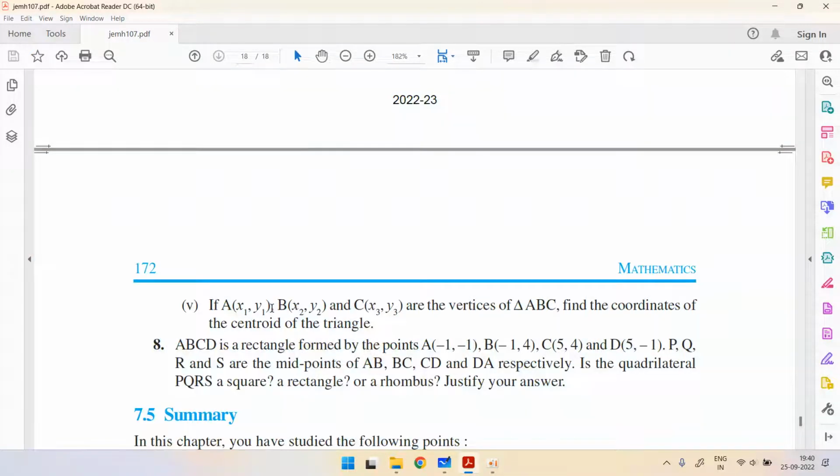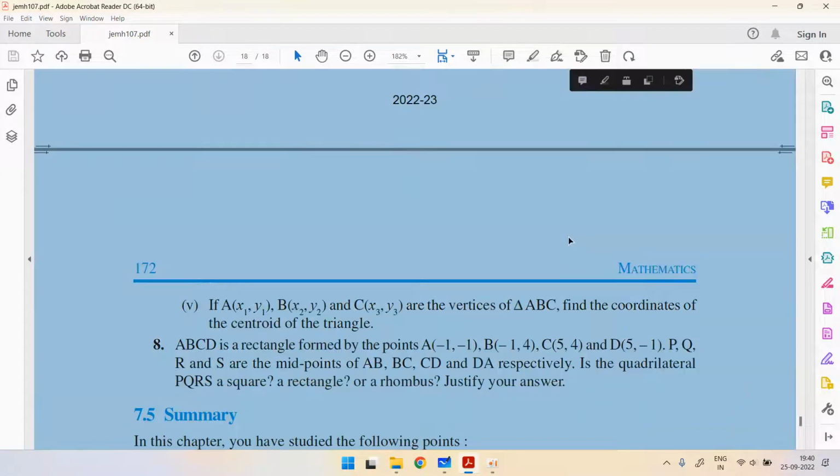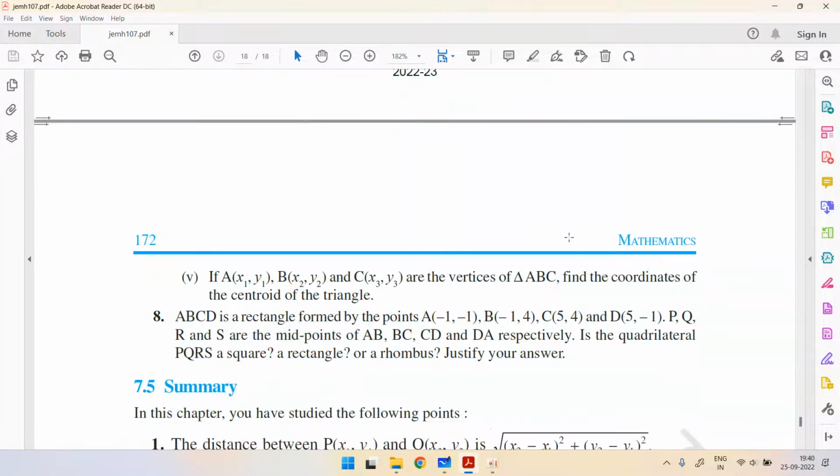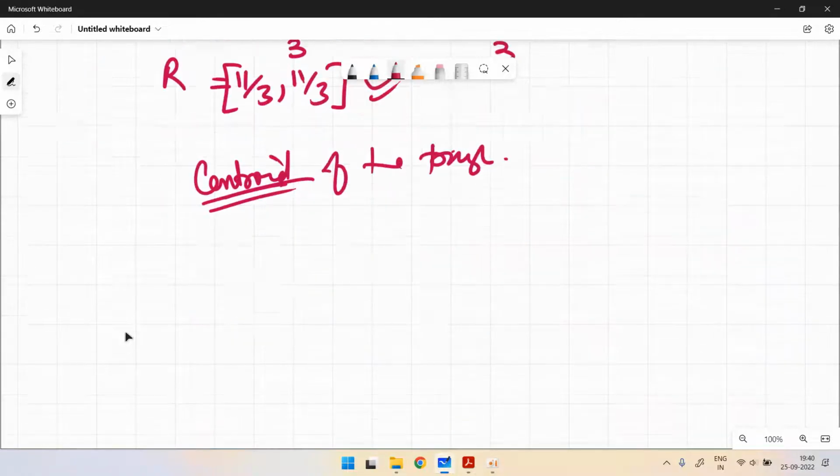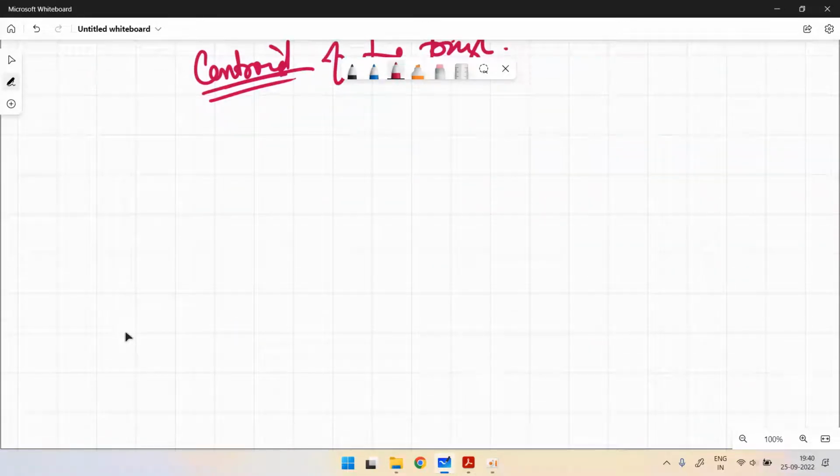If (x1, y1), (x2, y2), (x3, y3) are the vertices of a triangle ABC, find the coordinates of the centroid of the triangle. There is one more specialty about this. So there's nothing special in that. I'll be doing at least the fifth part.